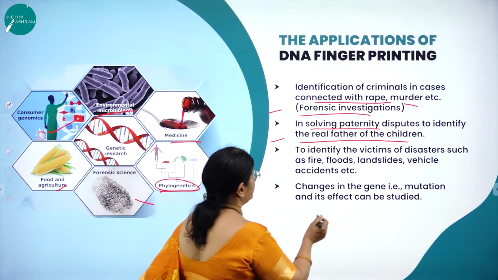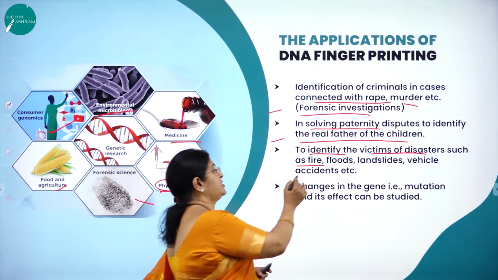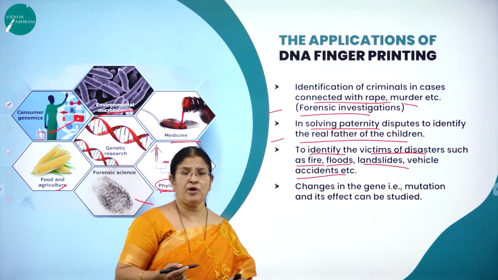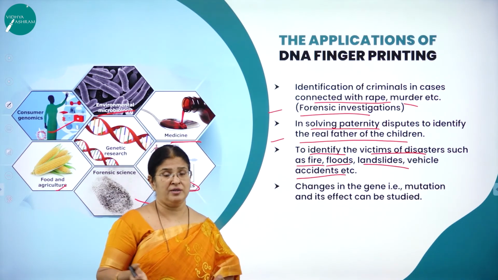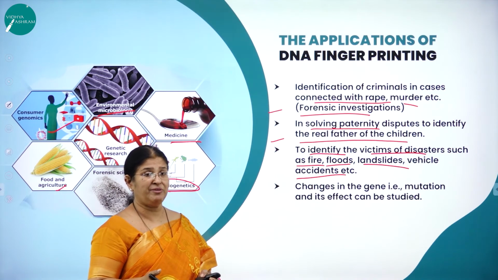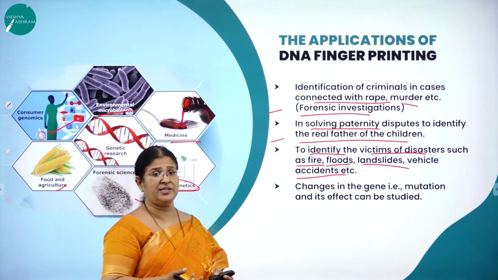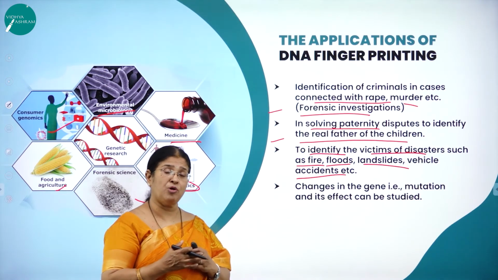Then, to identify the victims of disasters such as fire, floods, landslides, and vehicle accidents. Sometimes the bodies will be beyond recognition. They will be in such a state, maybe fire victims or landslides, or even vehicular accidents where the whole body is crushed.